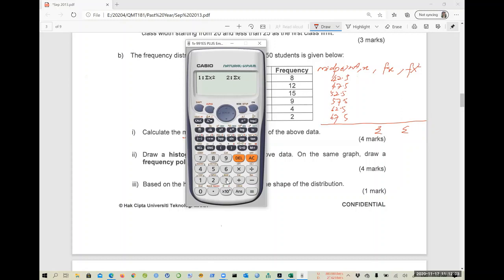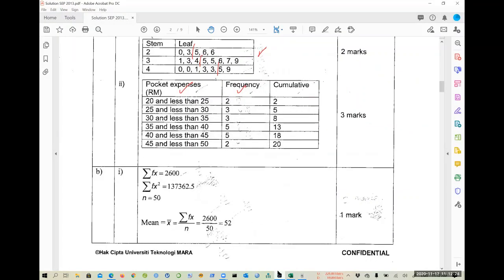Number 1 is summation of x squared, and number 2 is summation of x. You want summation of fx, so you have to choose number 2. Then to get the result, just press the equal sign. So you get 2600. This is similar to our answer just now, 2600.